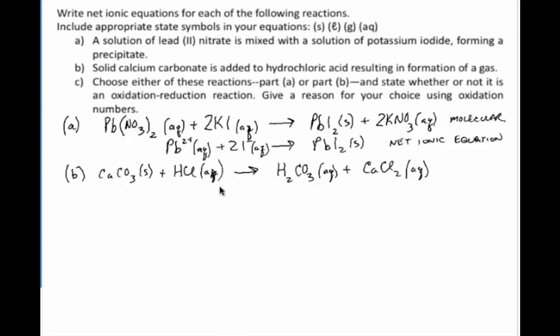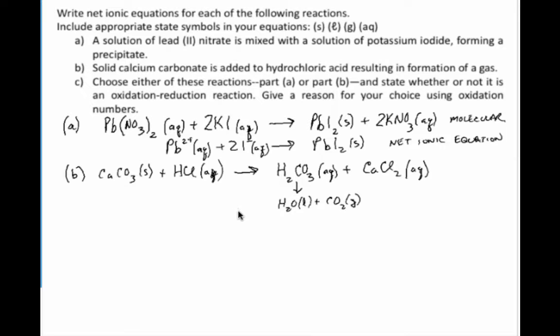So now what's going to happen is that this carbonic acid decomposes to H2O liquid, and the gas that's produced is CO2 gas, carbon dioxide. This type of reaction is listed in the textbook.